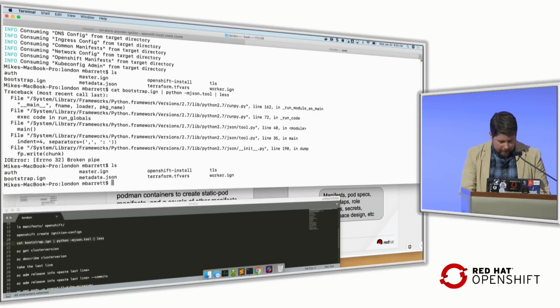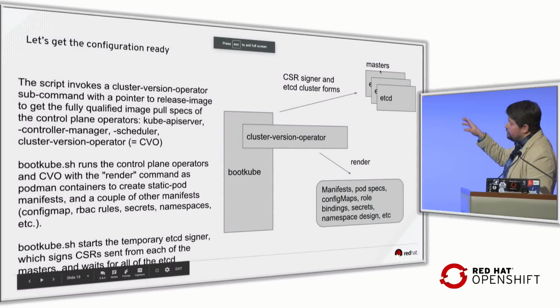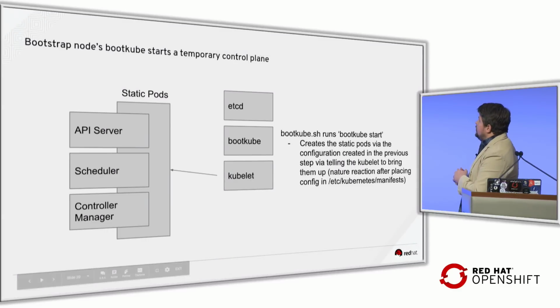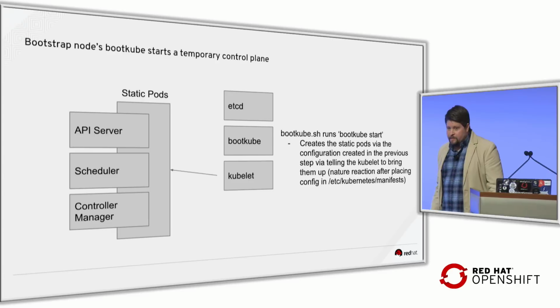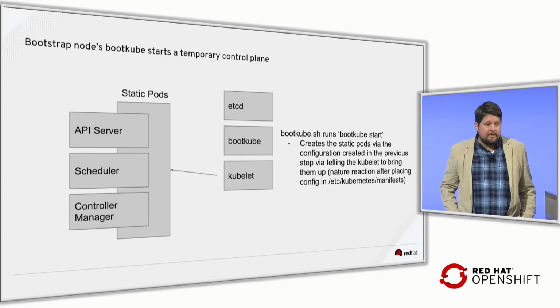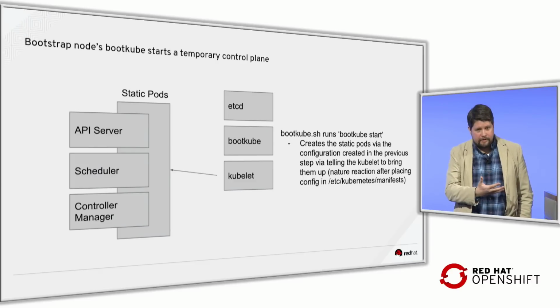The other thing is the manifests. So I don't know if you realize this, but there's something called static pods in Kubernetes. You can place in etc Kubernetes manifests different YAML files, pod specs, pod configurations, and without a master, without a control plane, you can ask the kubelet to launch things for you.